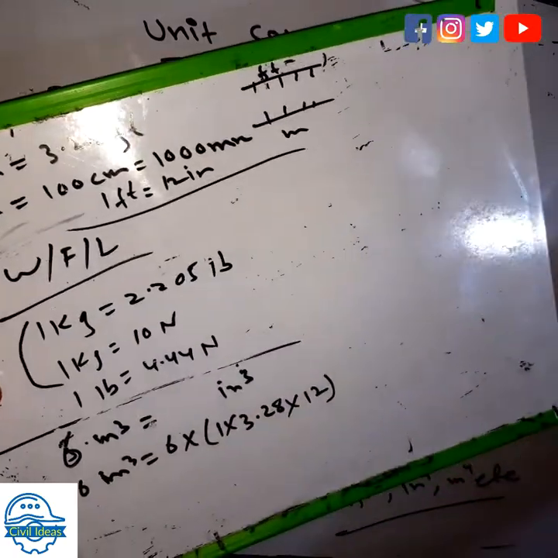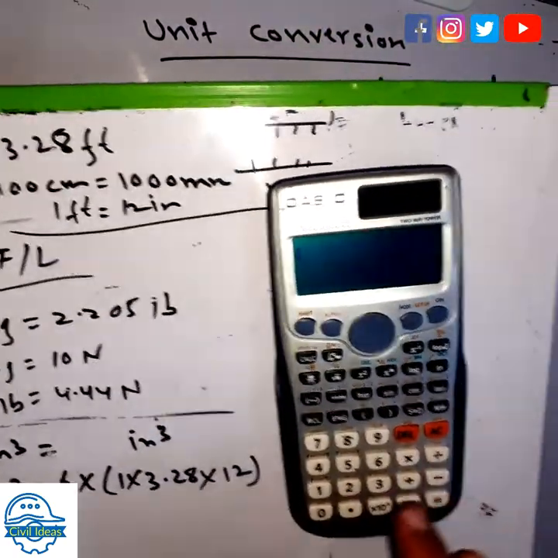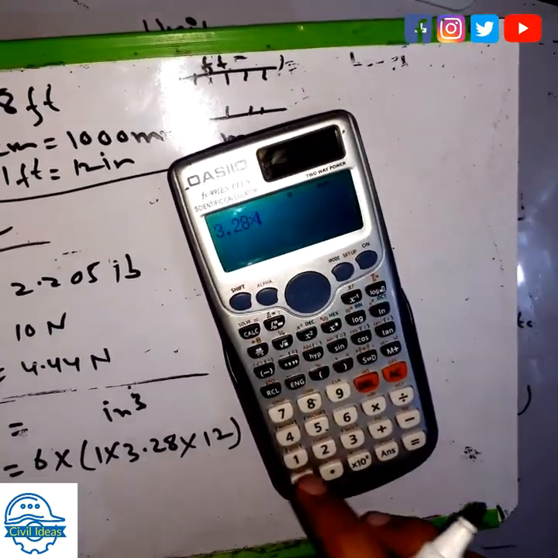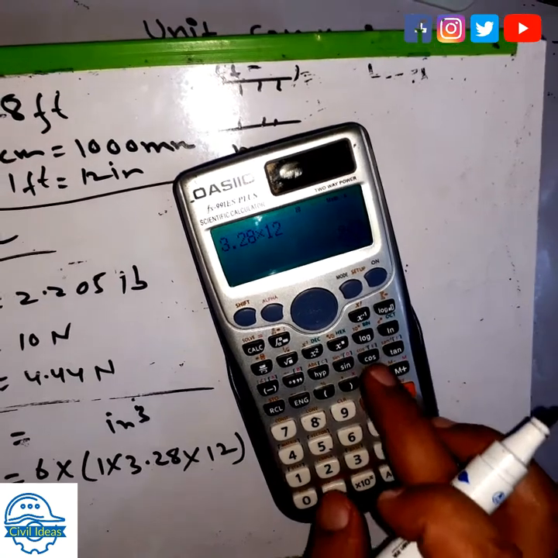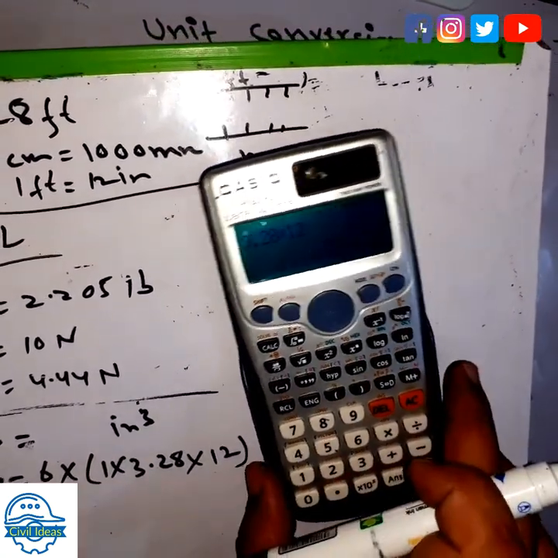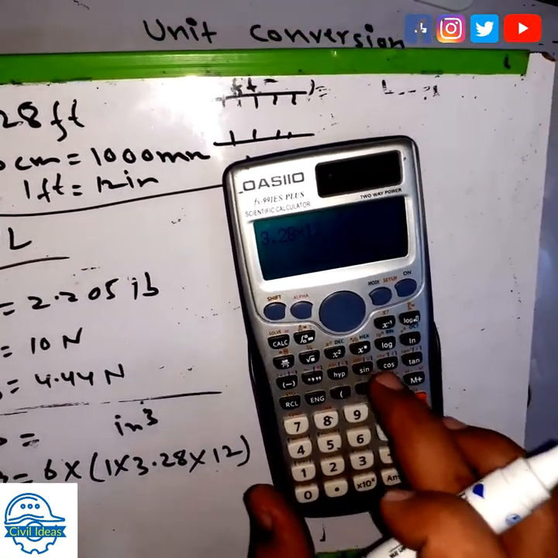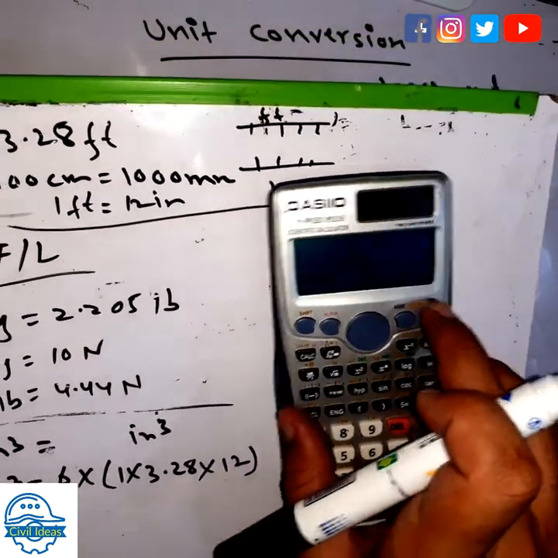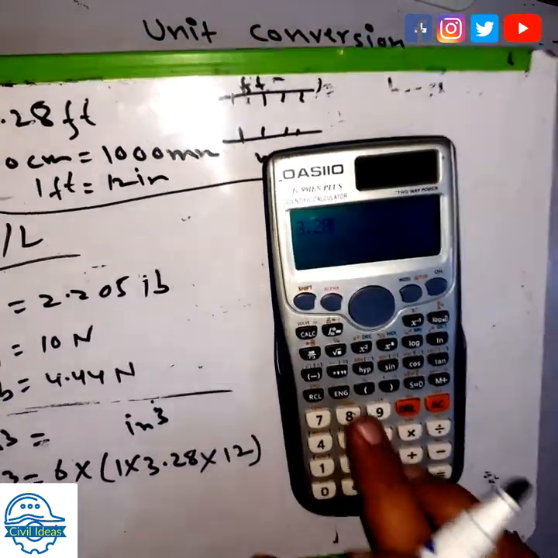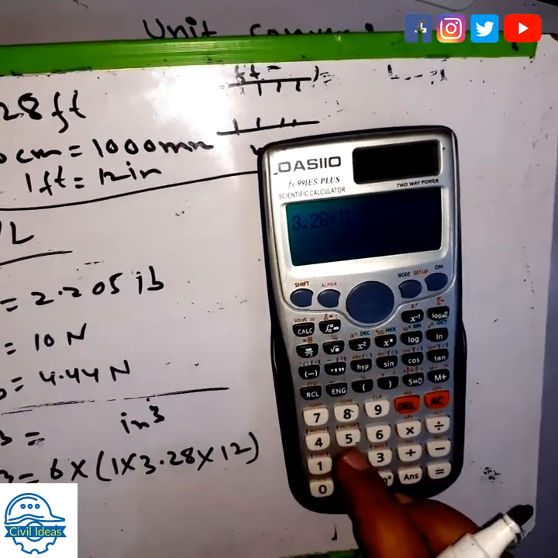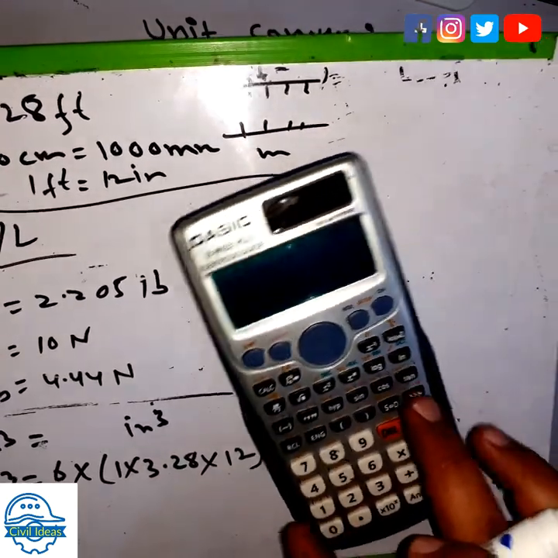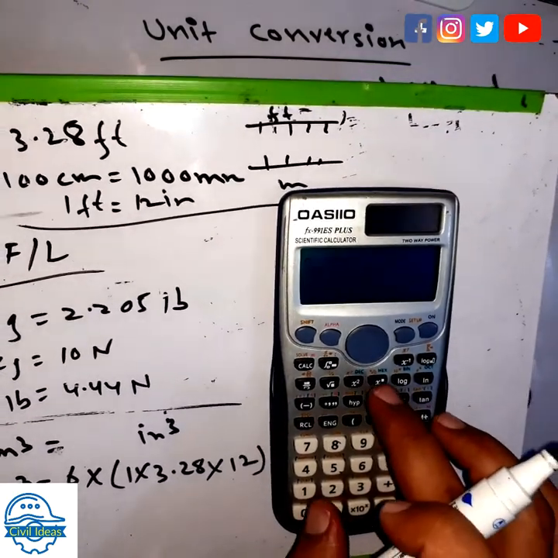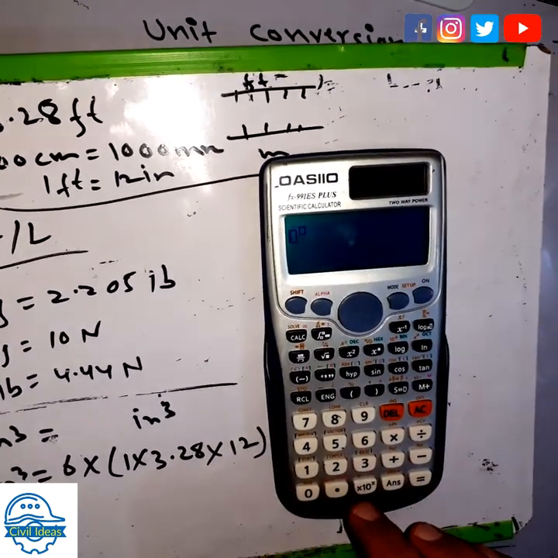Okay, so now we will calculate it. 3.28 multiply 12, this is per meter, and we take the power of cube.